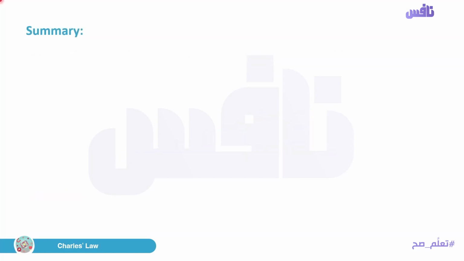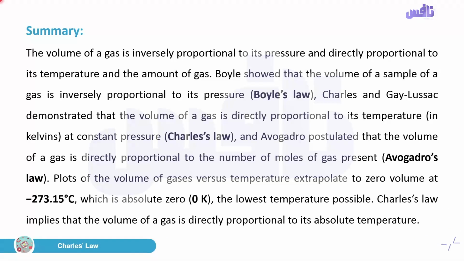So the overall conclusion from this is that the volume of gas is inversely proportional to its pressure. This one is Boyle's law. And Charles' law demonstrated that the volume of gas is directly proportional to temperature.